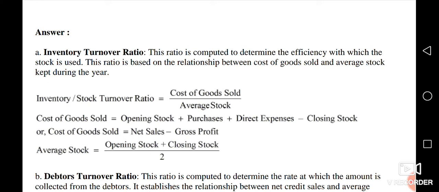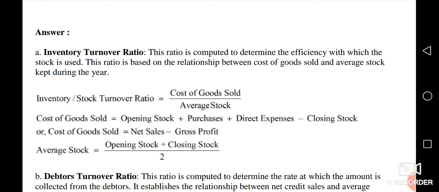Now this is the formula. Inventory or stock turnover ratio, inventory turnover or stock turnover, is equal to cost of goods sold upon average stock. Cost of goods sold equals opening stock plus purchases plus direct expenses minus closing stock, or cost of goods sold equals net sales minus gross profit.